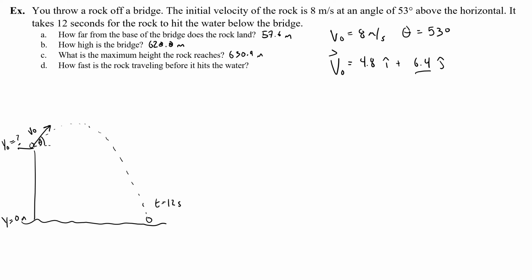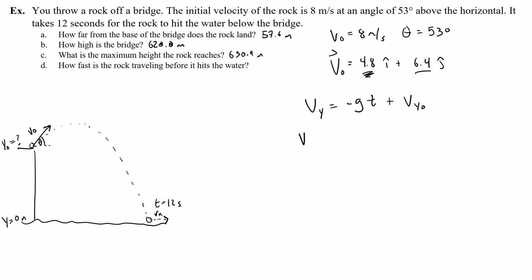Now, solving for how fast the rock goes before it hits the water, I know that the x component of velocity is still going to be the same. So that vx component is still going to be 4.8. And the y component is going to change according to the equation vy equals negative gt plus vy naught. So I'm trying to figure out what that y component is at 12 seconds.